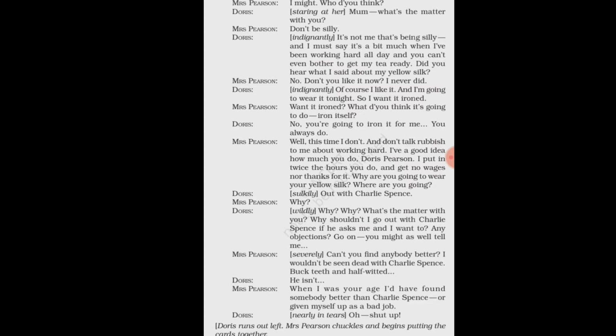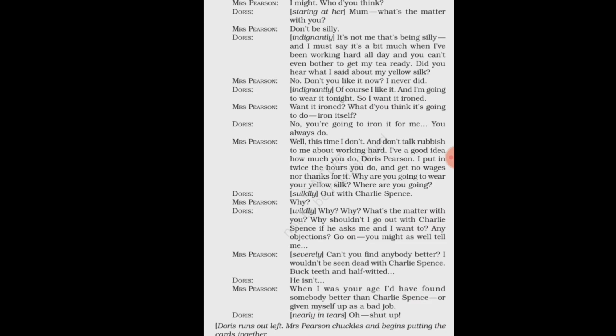Mrs. Pearson says, well, this time I don't. This time she's not going to iron it. And she's telling her not to talk rubbish about her working hard. She has a good idea how much work she does. She puts in twice the hours Doris does, and she gets no wages for it. She works twice as hard as Doris and gets no wages for it, nor a thanks.